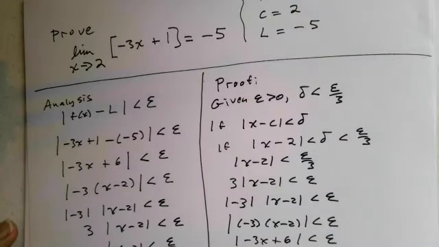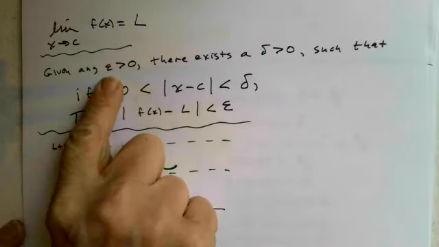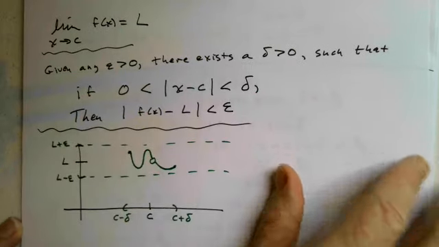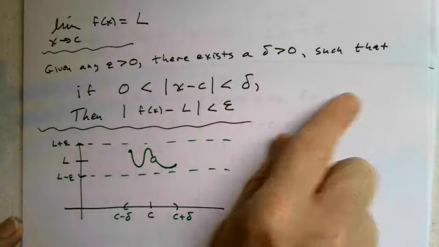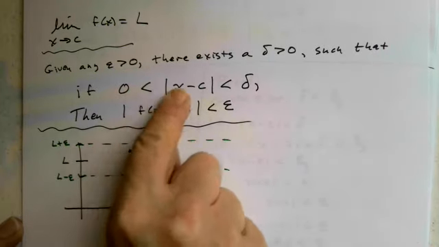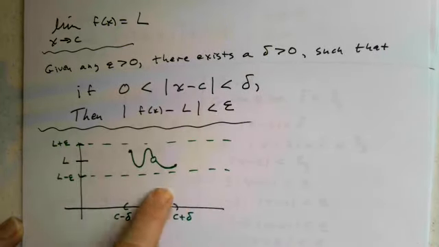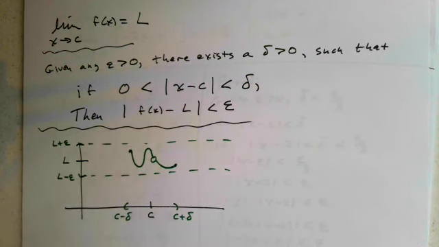What is our limit definition, our epsilon delta definition? Given any epsilon greater than 0, we can find a delta greater than 0, such that if we're in that interval other than c, if 0 less than absolute x minus c is less than delta, then the values of the function are close to L, which we write as absolute f of x minus L is less than epsilon.